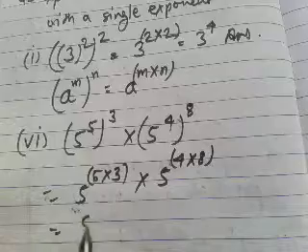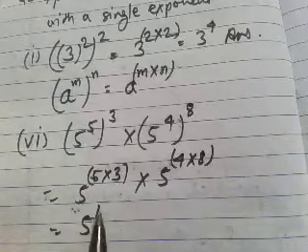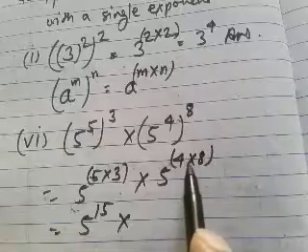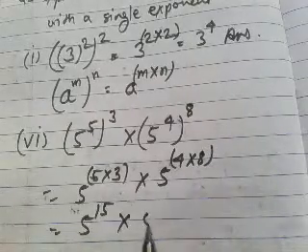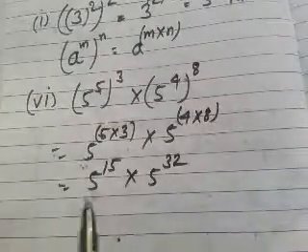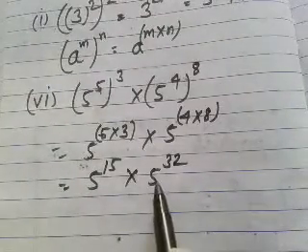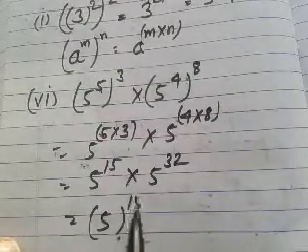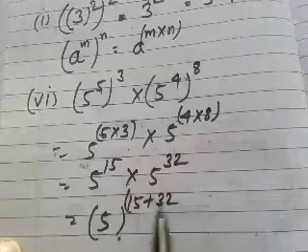So 5 raised to the power 15, and 5 raised to the power 32. And again it resembles the first law of exponents. So we can write 5 raised to the power 15 plus 32.